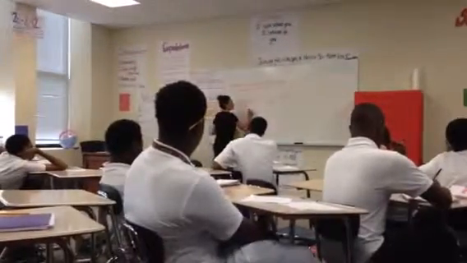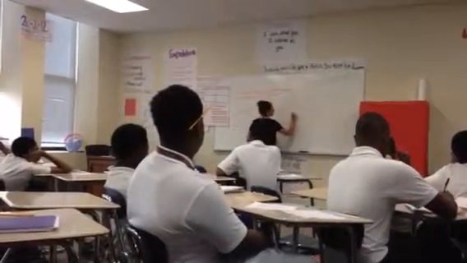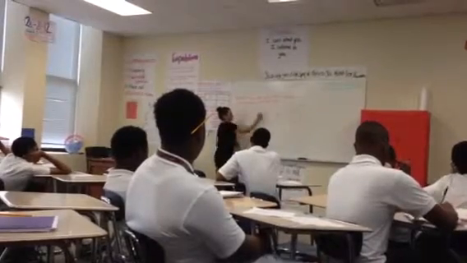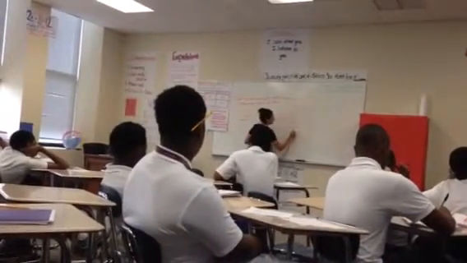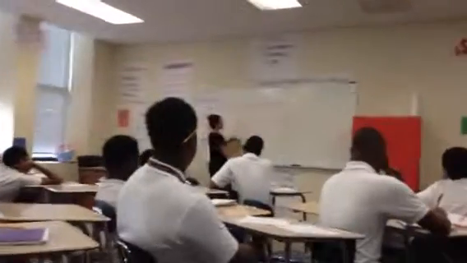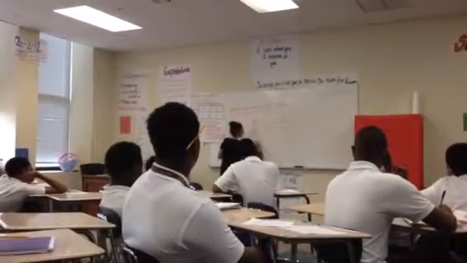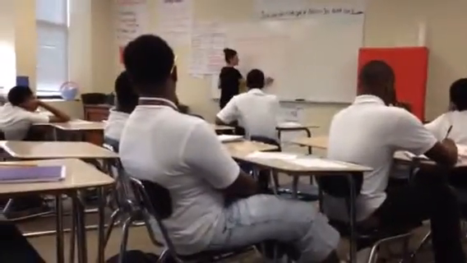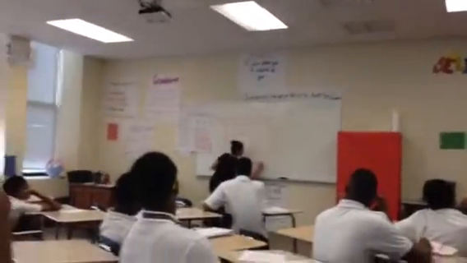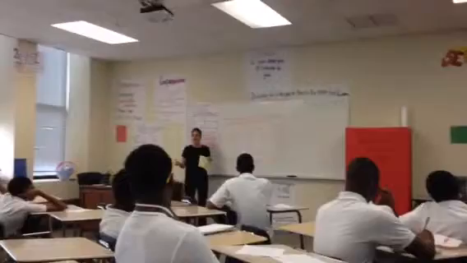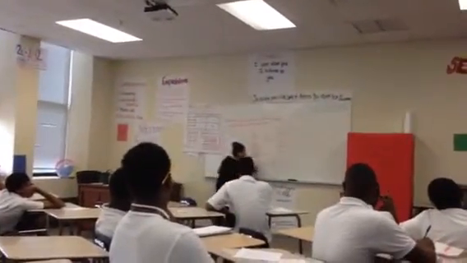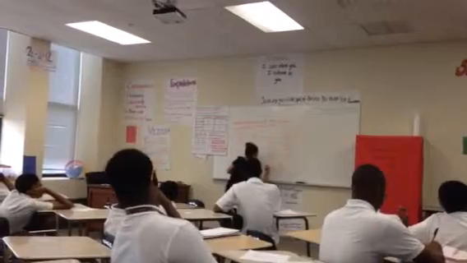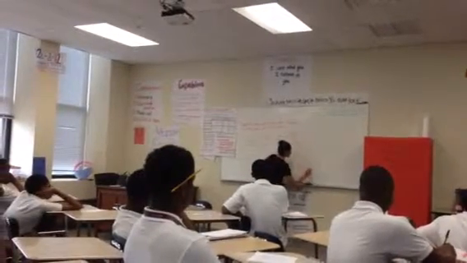Add or subtract, so I'm going to subtract 15 from both sides. 15 minus 15, 45 minus 15 is equal to 30. So we have 30 is equal to 2m plus 3m. The next thing we're going to do is combine like terms. These are the two like terms. So 2 plus 3 is equal to 5m is equal to 30. The very last step is to divide by 5. So I'm going to divide by 5 on each side. m is equal to 6.